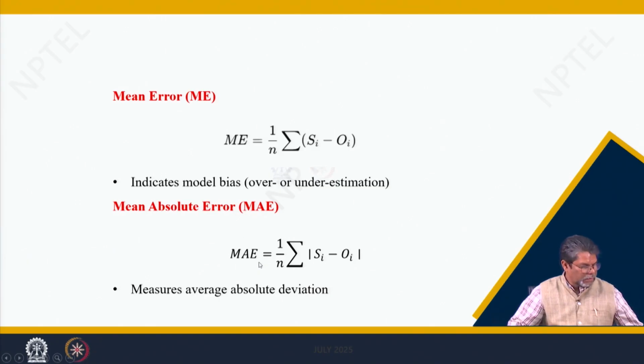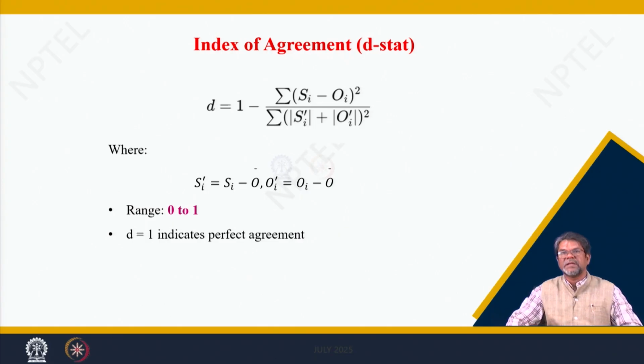These are used as tests for the model performance, and the other one is the index of agreement, say D stat. D is equal to 1 minus the summation of SI minus OI squared, divided by the summation of the absolute value of SI minus O bar plus the absolute value of OI minus O bar, squared.